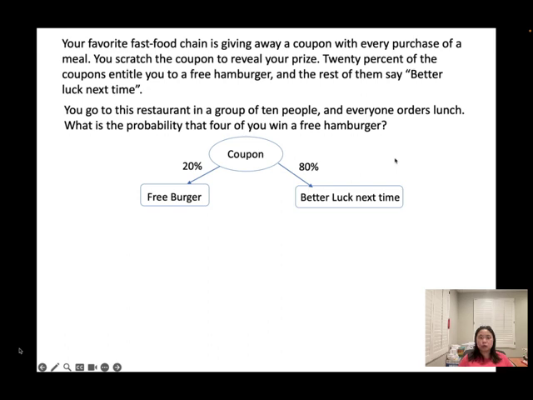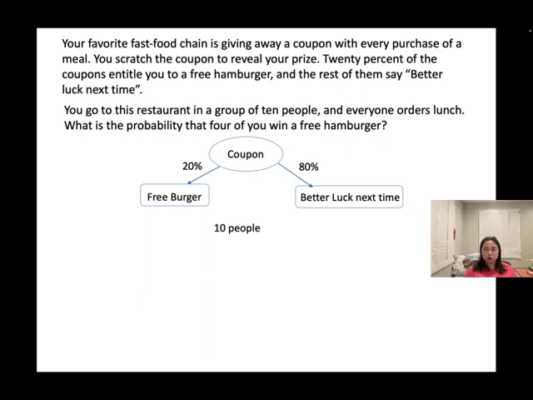So now you go to this restaurant in a group of 10 people. And everyone orders lunch. Everyone orders lunch means everyone is going to get a coupon. What is the probability that 4 of you win a free burger? You have 10 people, everyone gets a coupon, and you only have a 20% chance to get the free burger.